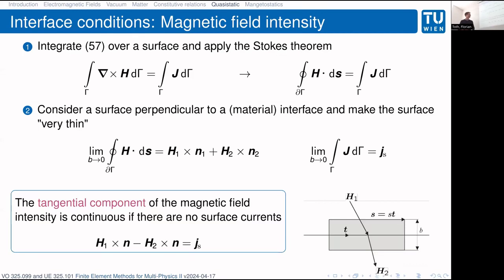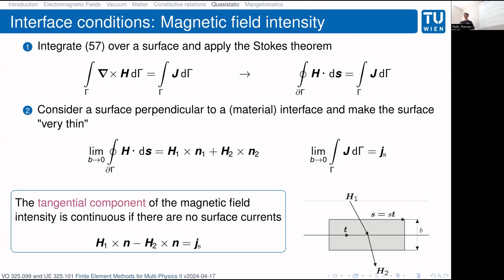There you see that the surface integral is made up by the tangential components of H, written by the cross product. And they don't necessarily have to be continuous. They are not continuous if you have a so-called surface current at the interface. This would be somewhat a special description of a current density.